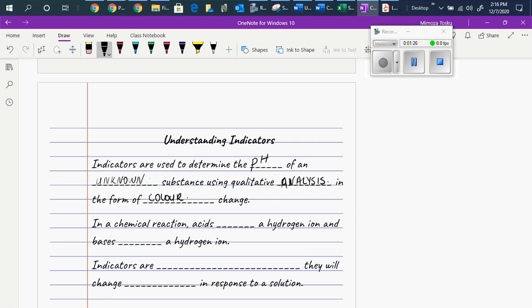In a chemical reaction, acids lose the hydrogen ion and bases gain the hydrogen ion. Indicators are weak acids or bases.